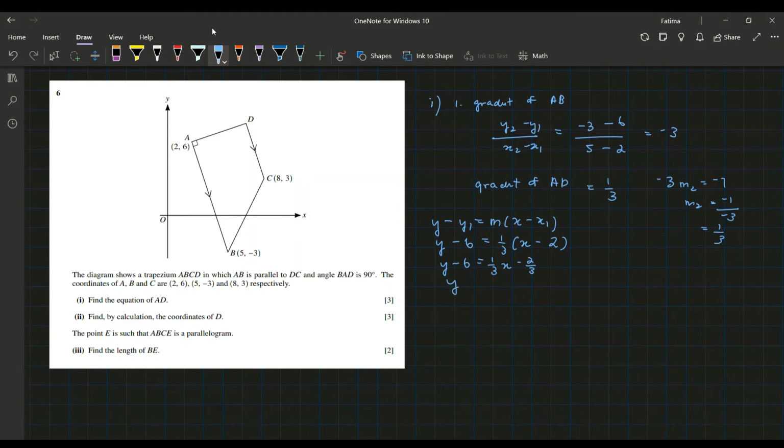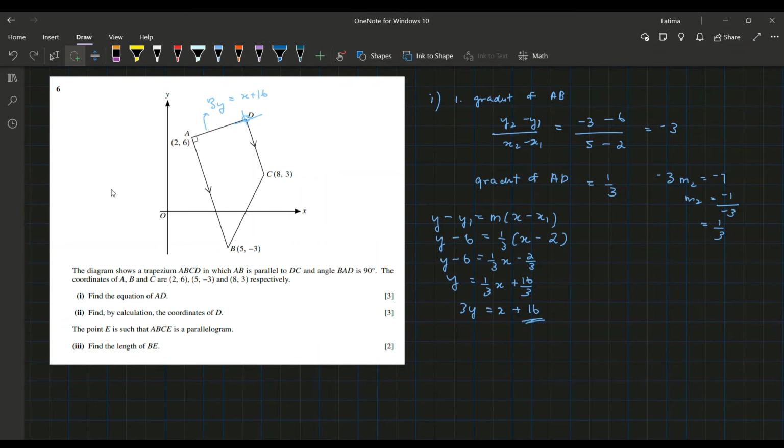So y is equal to 1 by 3 x minus 2 by 3 plus 6, which becomes positive 16 by 3. So when I take 1 by 3 out and move it to the other side, it becomes 3y is equal to x plus 16. And this is the equation of the line.